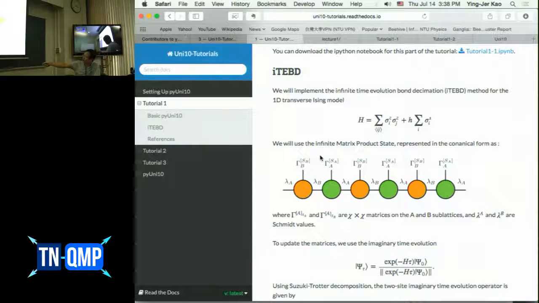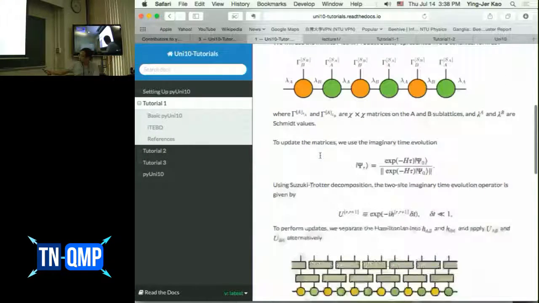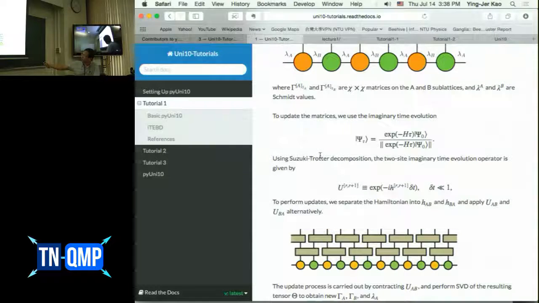I want to get the ground state of the Hamiltonian by applying this gate, and we do it with imaginary time evolution. To perform this update, we use the Suzuki-Trotter decomposition and decompose it into two types of bonds, so the two-site operator is acting either on AB, AB, AB, or BA, BA, BA. We update this tensor by applying this, and then this, and keep going, and we do the time evolution.